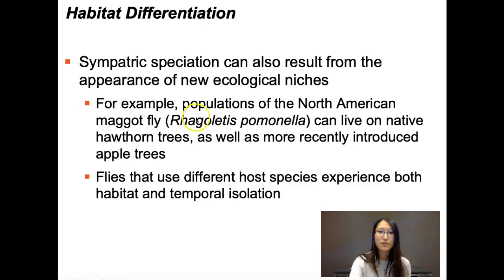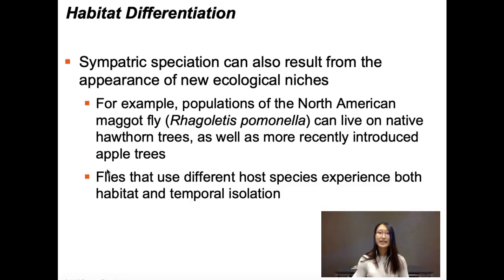So here's an example. Populations of the North American maggot fly can live on native hawthorn trees as well as more recently introduced apple trees. And flies that use different host species experience both habitat and temporal isolation. So we have these two types of trees, and the new ecological niche is introduced because people introduced apple trees. Now you have these maggot flies that either live on the native trees or on the apple trees.